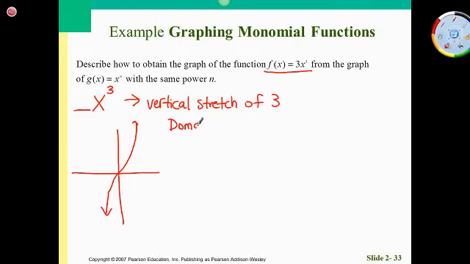The domain on this is what? Negative infinity to infinity. The range. Negative infinity to infinity.